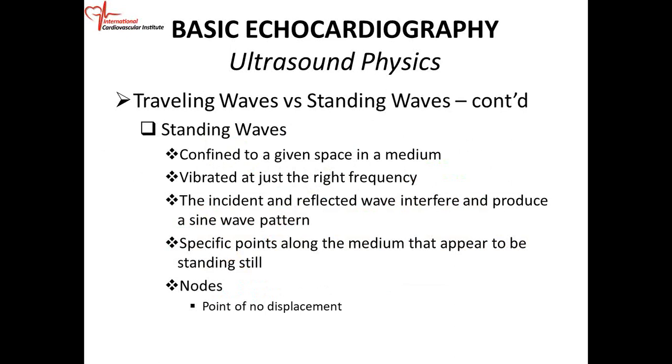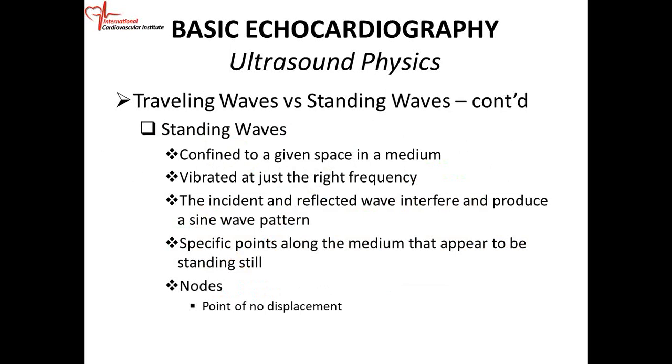You're going to get an incident wave. So you get a sound wave and you transmit that sound wave. The frequency has to be just right. So at a particular frequency, you can generate a sound wave that when it travels and strikes a boundary, the reflected wave is reflected in such a way that the incident and the reflected wave interfere and produce a sine wave pattern.